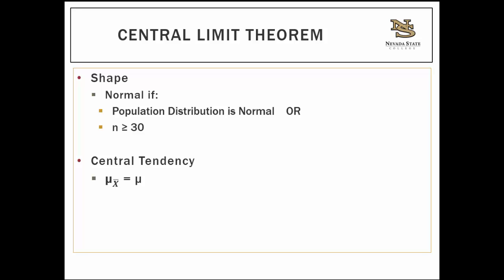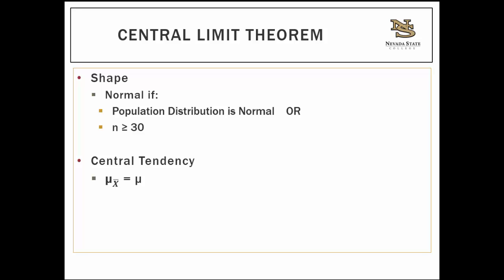So the central limit theorem identifies the characteristics for the distribution of sample means, or the sampling distribution. Those two terms can be used interchangeably. It defines those characteristics for any population, no matter what the population size, shape, mean, or variability. So this is a consistent rule that you can always apply to any sampling distribution.